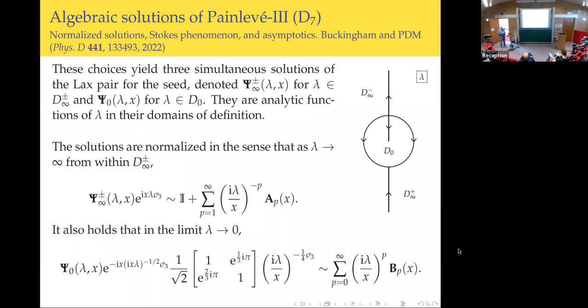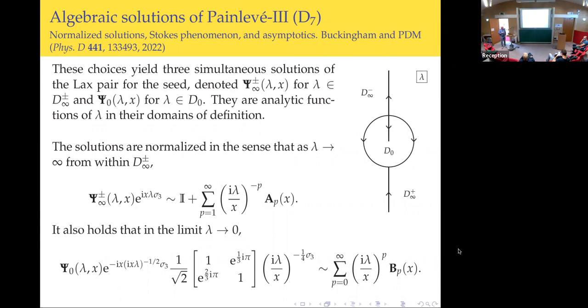We take this corresponding solution, peel off an exponential factor, and now we just have a series in descending powers of basically lambda. It's convenient to normalize with an I over X here. So it's identity matrix plus a series, an asymptotic expansion in descending integer powers of lambda with coefficients A_p of x that you can compute.